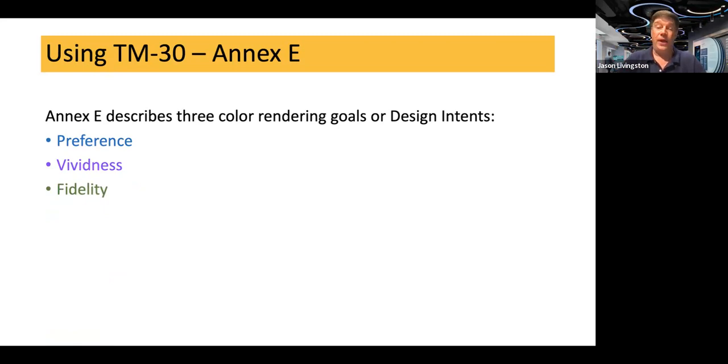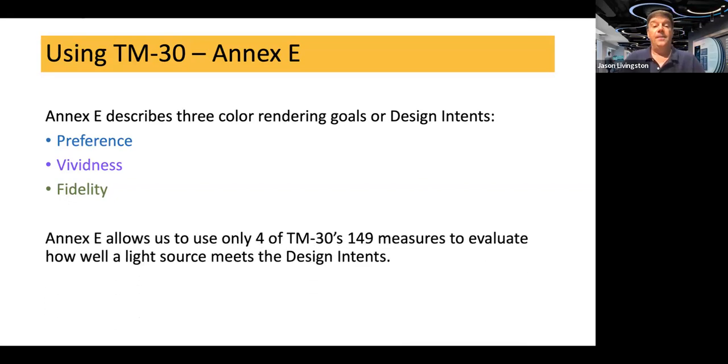Does a light source render colors in a way that is similar or identical to the reference light source? And in our analysis, it turns out that of the 149 measures that TM-30 has in it right now, we only need to worry about 4. What a relief, right? That we don't need to track 149 different numbers. We only need to worry about 4.